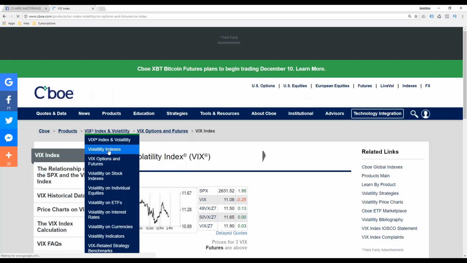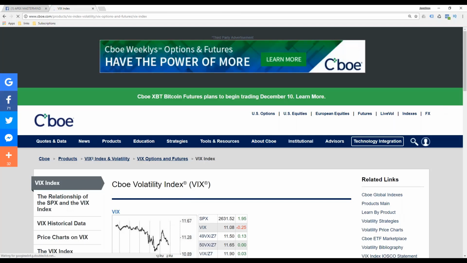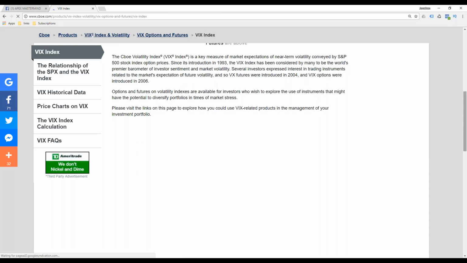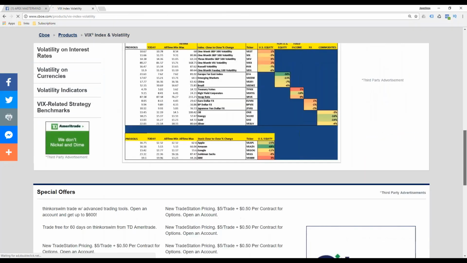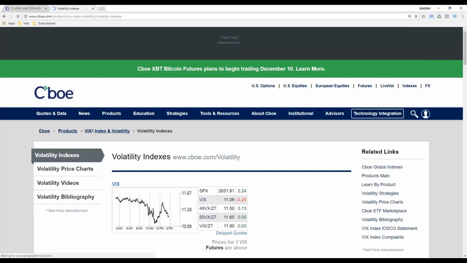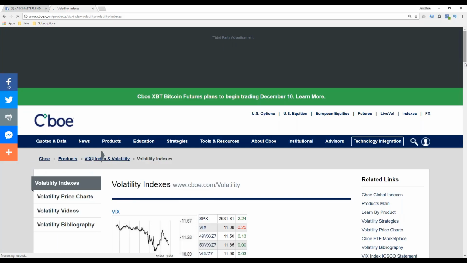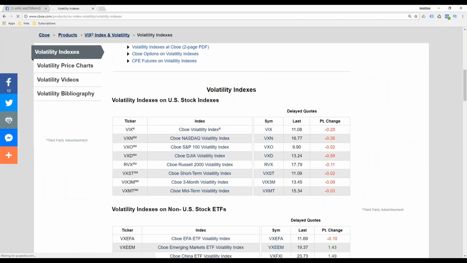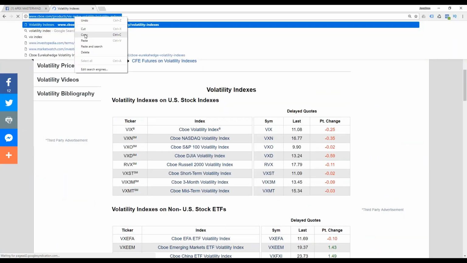Here's another thing that I like to do, and I'll check this all the time, and I'll just put the link in the chat once I get there, if I can get there. Volatility indexes. There we go. So I'm just going to put this link in the chat.